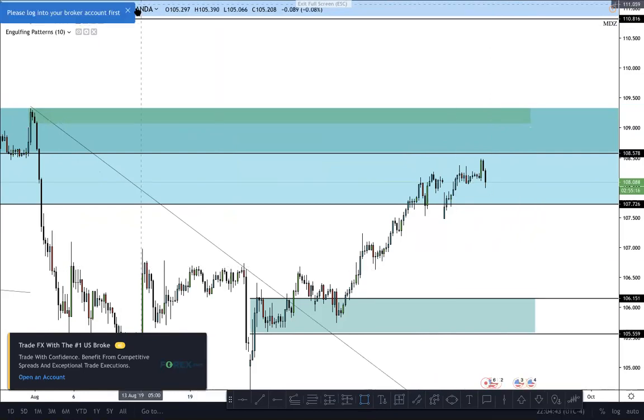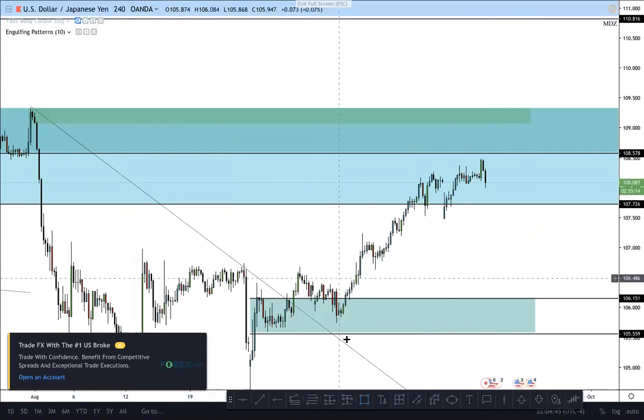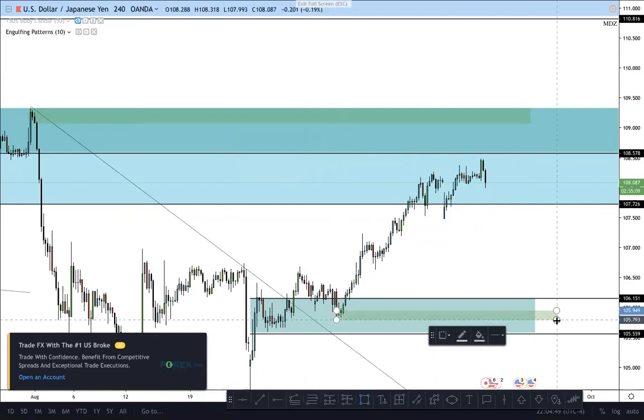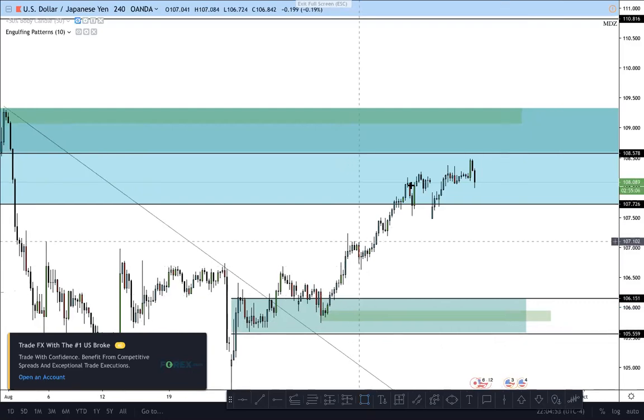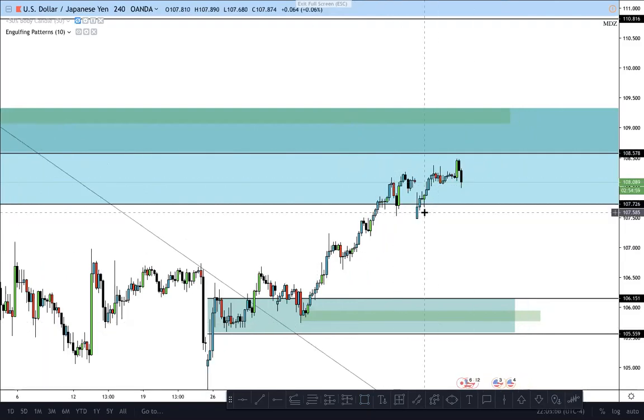The 4 hour nested zone within the daily would be down here, right? And then it would have little 1 hour zones, 50-minute zones within this trend right here, you know.